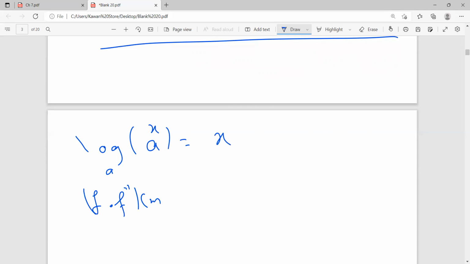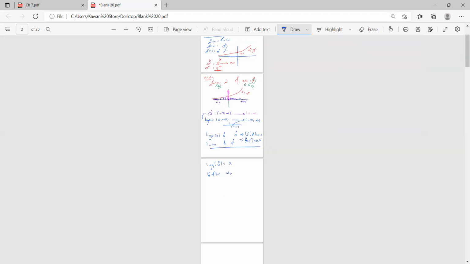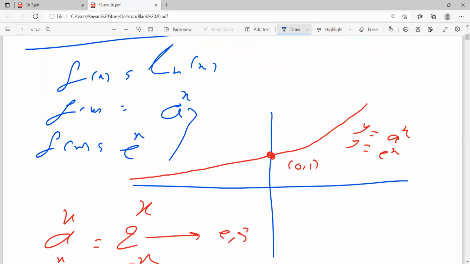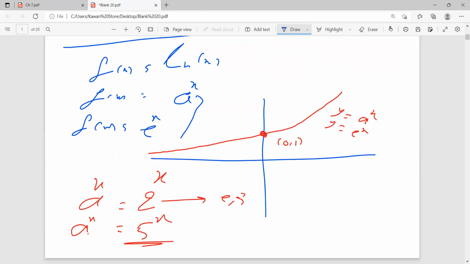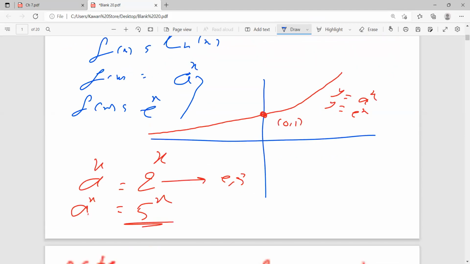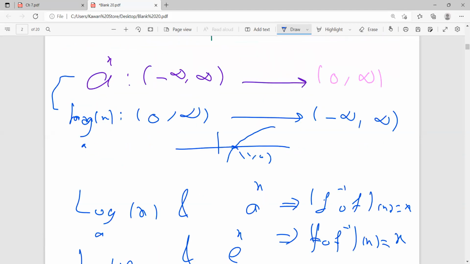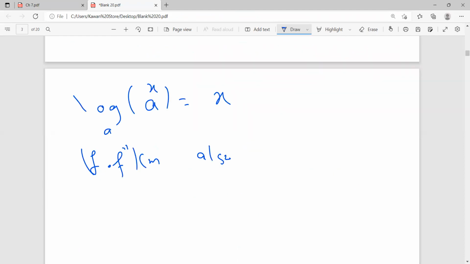Understood? Also, I'm going to write also, you can write like that: a to the power log of x is equal to x. This is the power. That whole thing is the power.